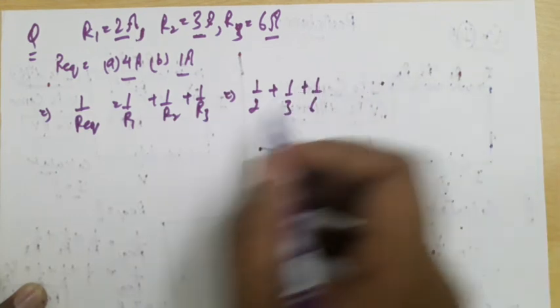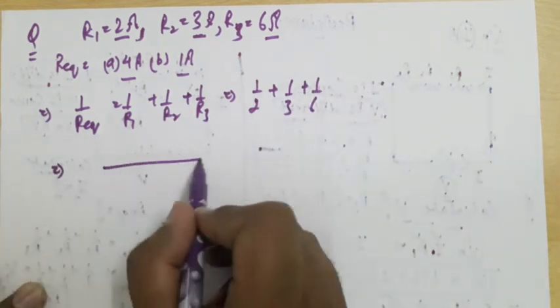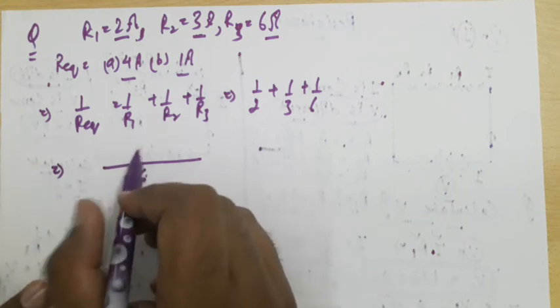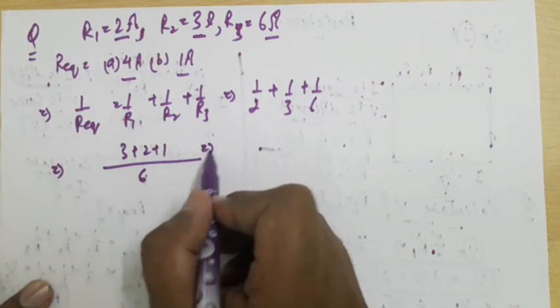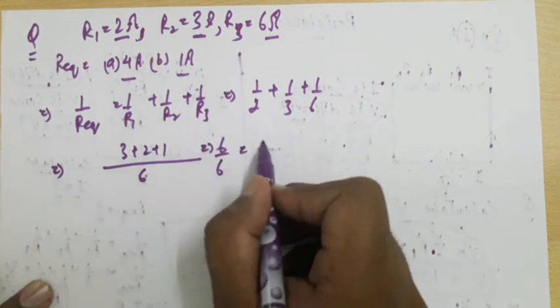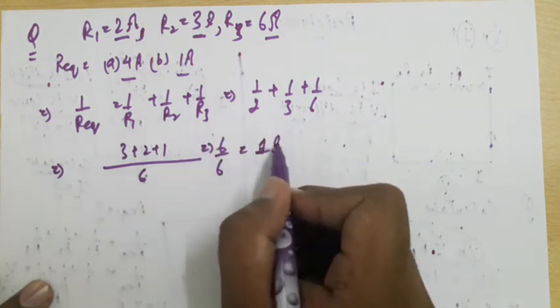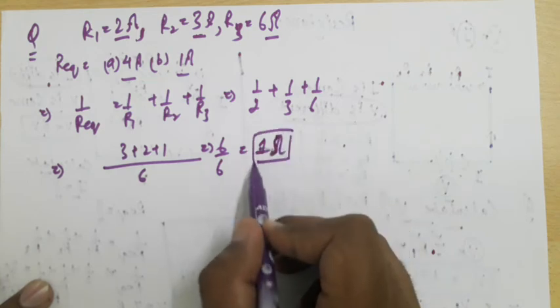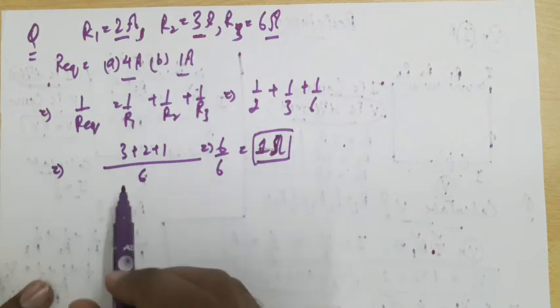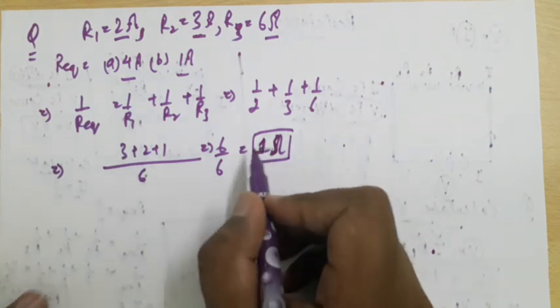If I take the LCM, it will be 6, so 3 plus 2 plus 1, that is 6 upon 6, which is equal to 1 ohm. So directly our answer came as 1 ohm. I joined all these 3 resistors in parallel, so the answer is 1 ohm.